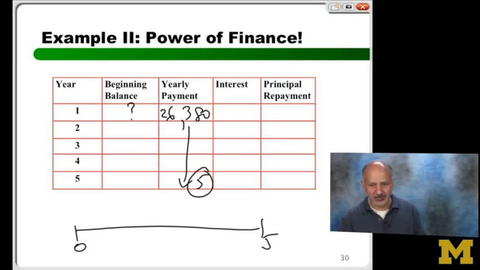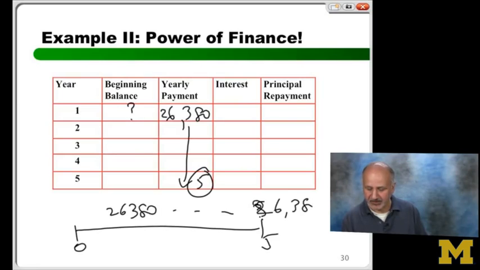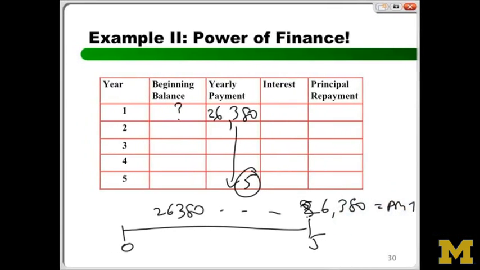So here's what you do. You make 26,380 the PMT, right? And what do you make N? 5. Yes? Because you owe 5 of these. What is the only other number you need to do?